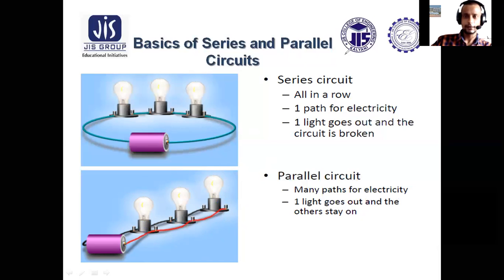That is why devices with different power ratings or different current ratings can be connected in parallel in order to accomplish the operation. So these are the differences between series and parallel circuits, and these are the necessity of series and parallel circuits.